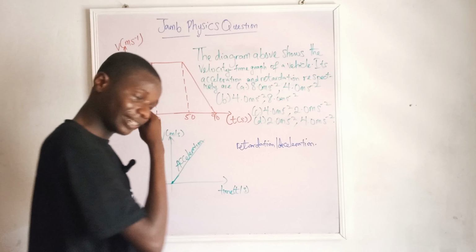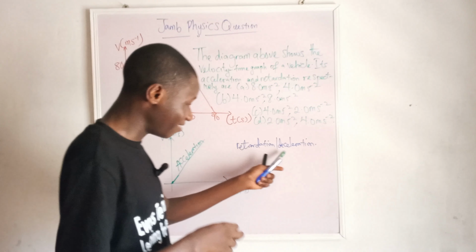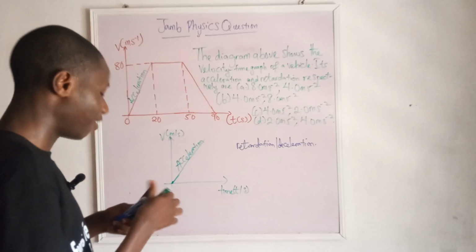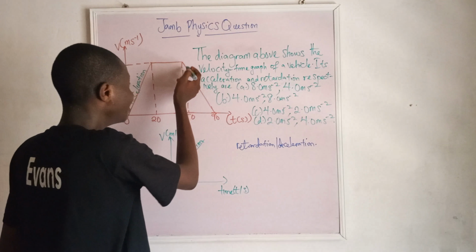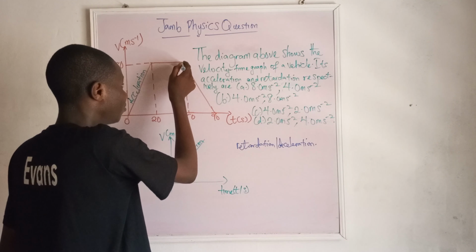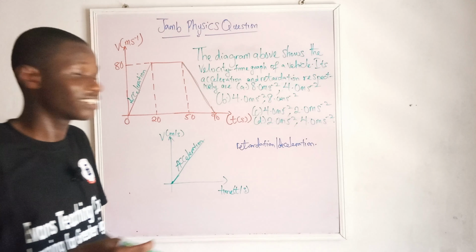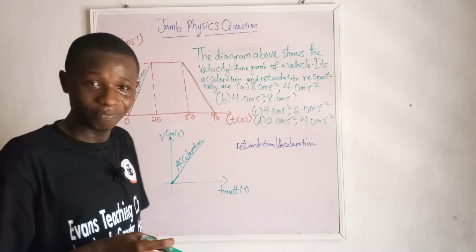Now for retardation, it will be a decrease in velocity with respect to time. Now the thing is, how do you know the formula for them? Deceleration is this place. It's decelerating. What we mean by deceleration is that the speed is coming down, that is, the velocity is coming down.